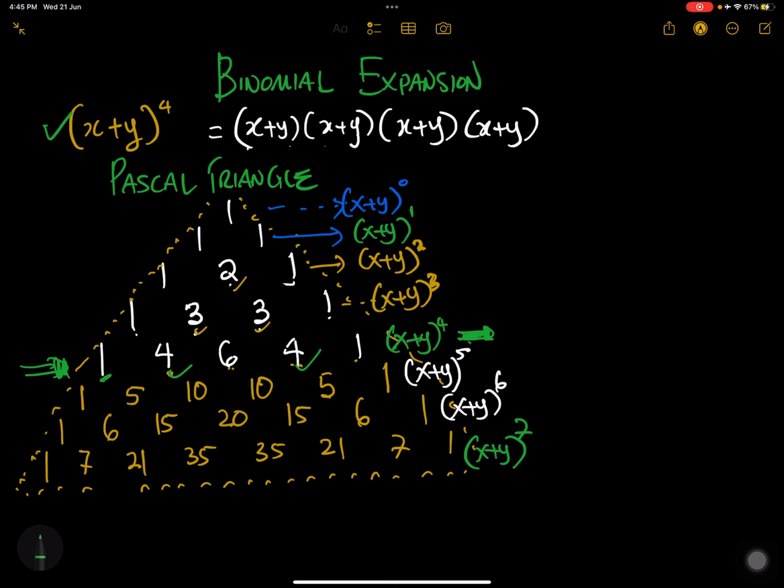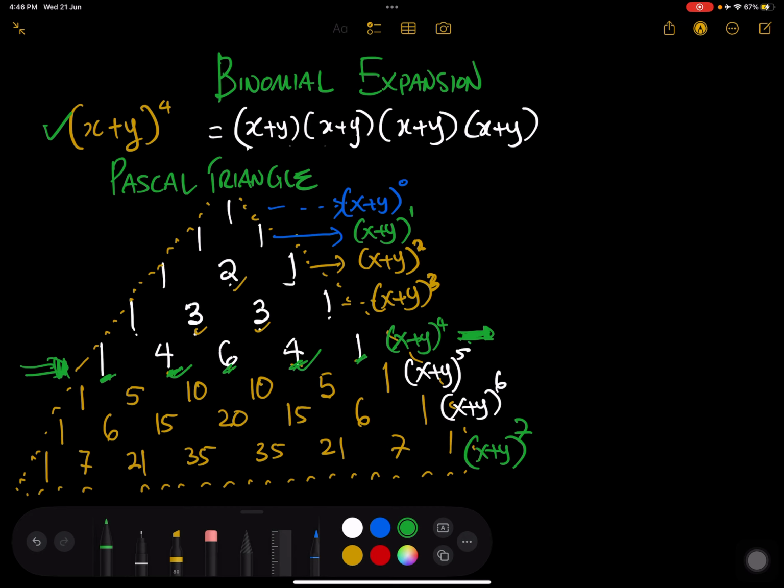What this means is that these numbers, this 1, 4, 6, 4, and 1, they are simply the coefficients. I think they are the coefficients of both the x and the y.